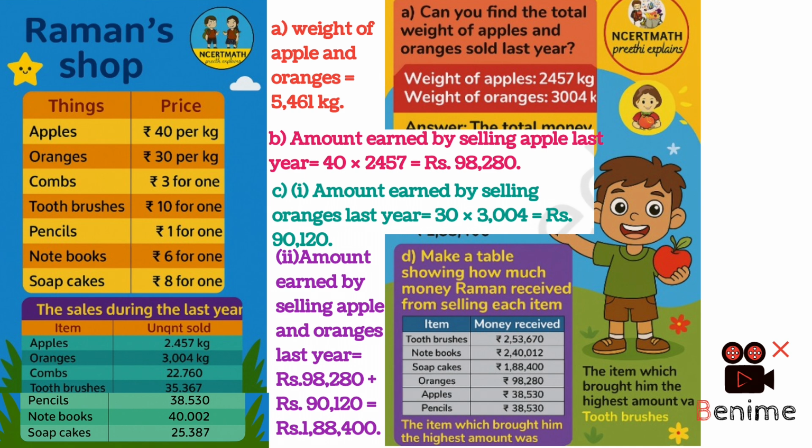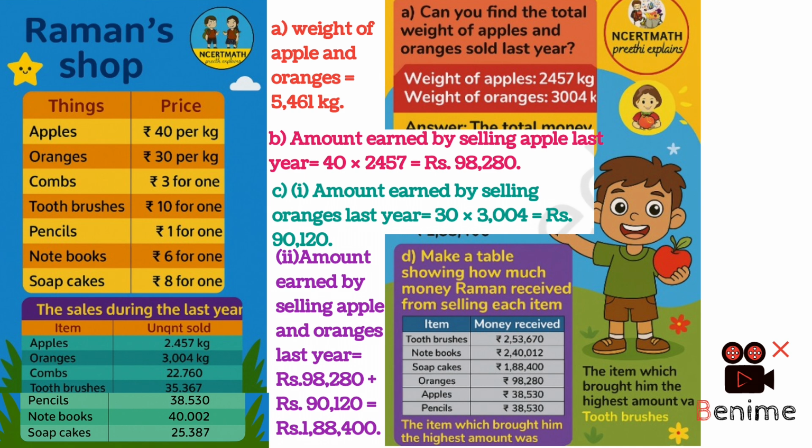For example, last year the number of toothbrushes sold is 25,367 and each toothbrush costs 10 rupees. We have to perform the multiplication operation of these two numbers to get the resultant value as 2,53,670. Likewise, we have to perform the multiplication of both these tables in a perfect way.